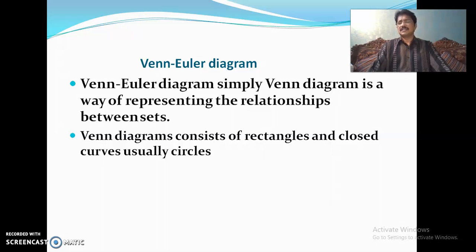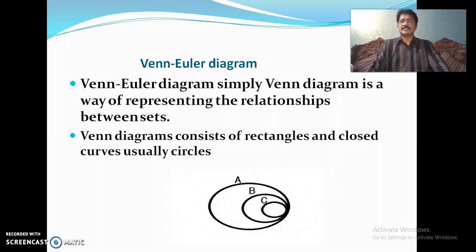Generally, we use circles, rectangles, oval shapes, and triangles also. But the usual concept is that Venn diagrams use circles only. The universal set is represented, in general, by a rectangle. Other sets are represented by circles.